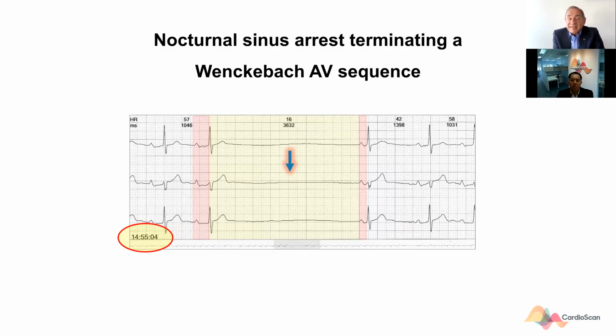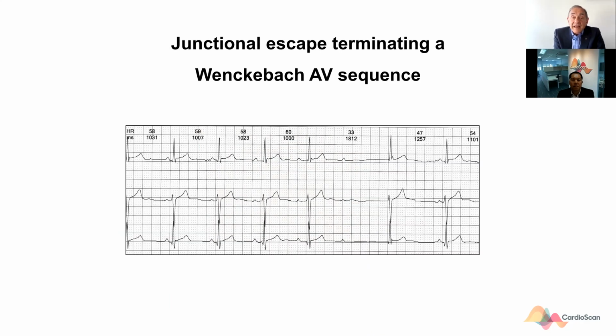So you can see it doesn't fit that absolute findings we talked about. However, all of us will recognize this as a Wenckebach AV sequence. Here is another one where we can see the longest PR interval, the drop beat, and there is no shortest.